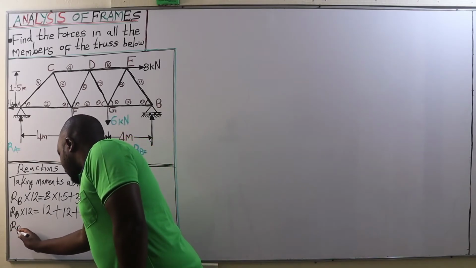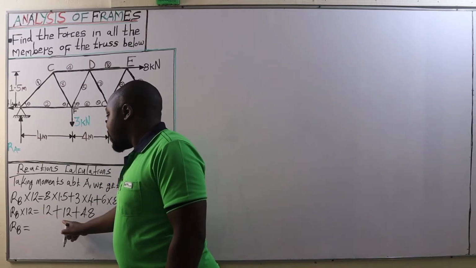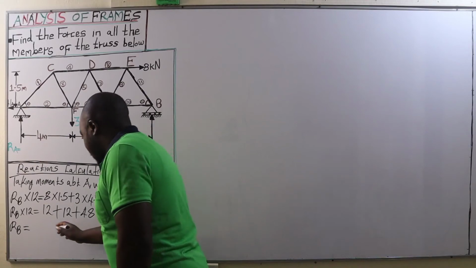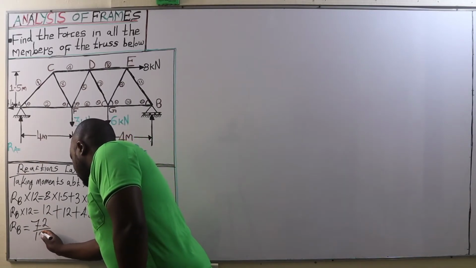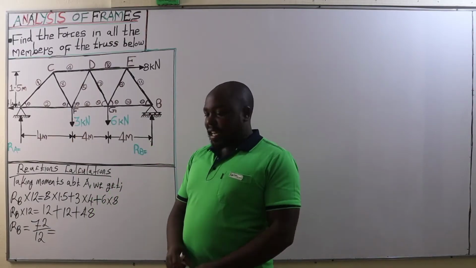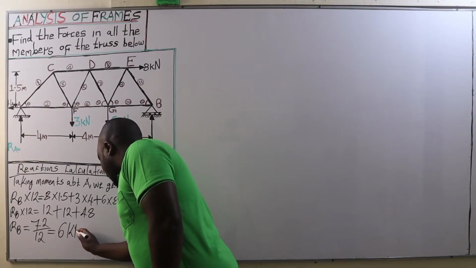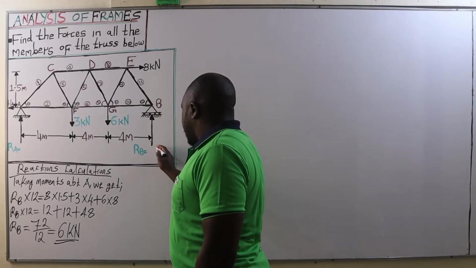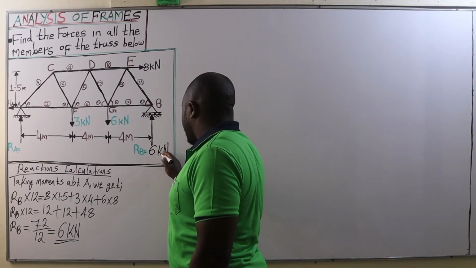Therefore, the reaction at B will be equal to 12 plus 12, that is 24, 24 plus 48 is 72. 72 divided by 12 is 6 kilonewtons. Therefore, the reaction at B is 6 kilonewtons, and we write there 6 kilonewtons.